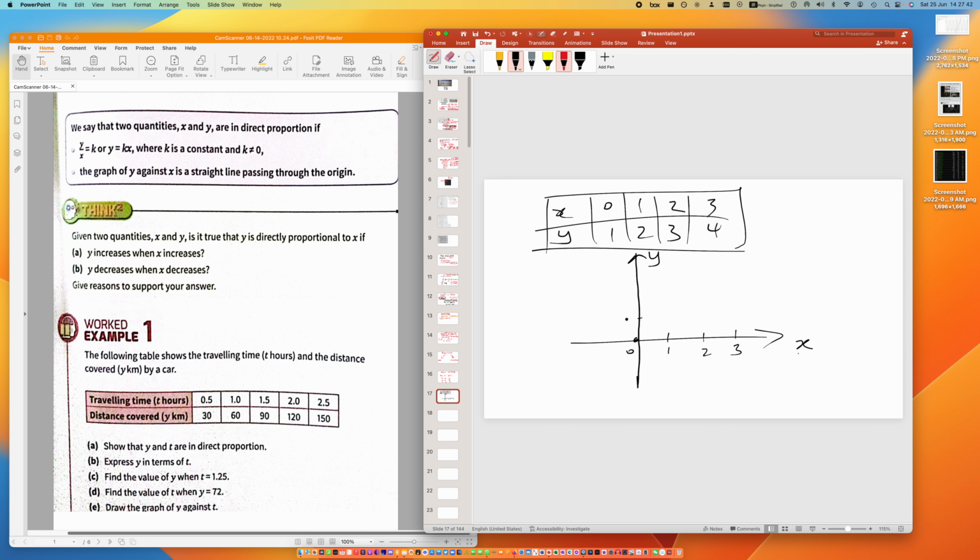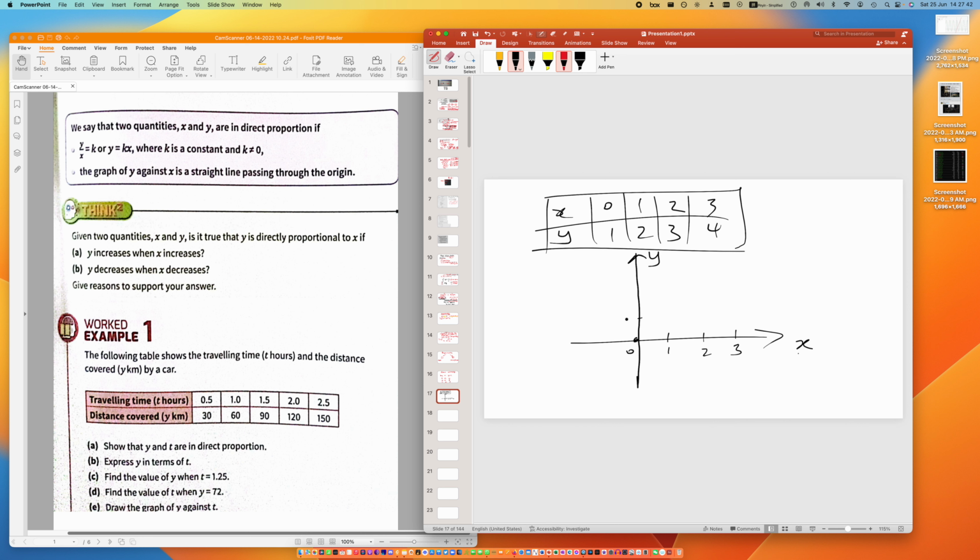So when it's 0 is 1. First point. 1 and 2, second point. 2 and 3, third. So I'm able to get a straight line out, right? So this is the table, and this graph is based on the table of values.